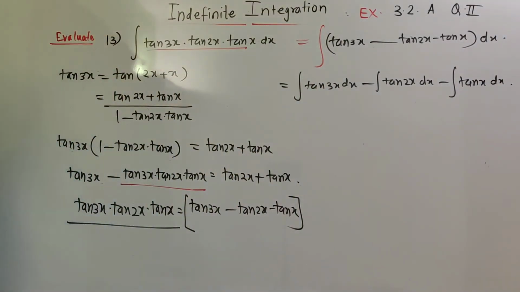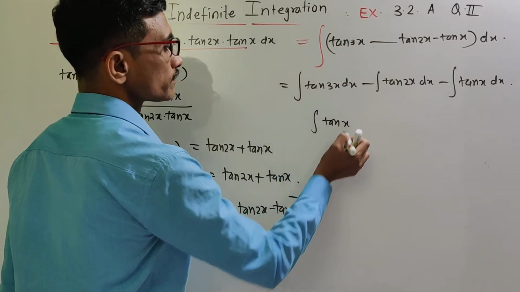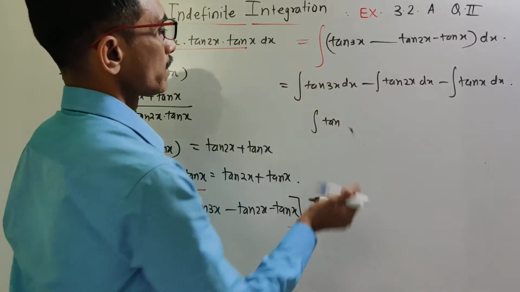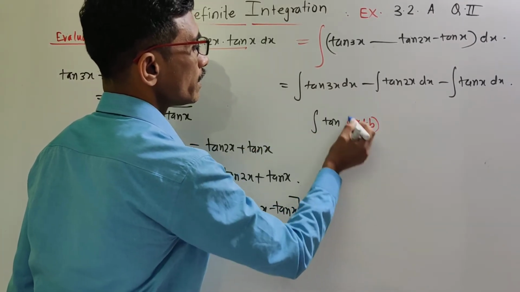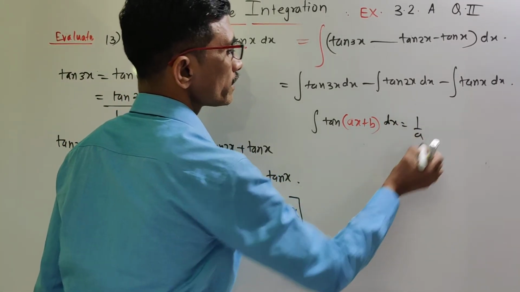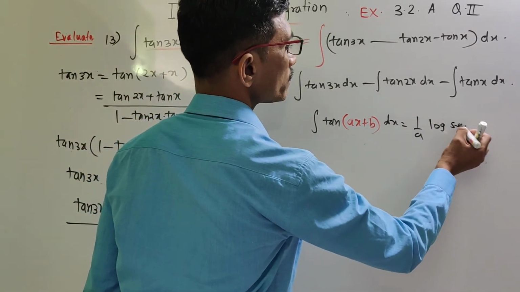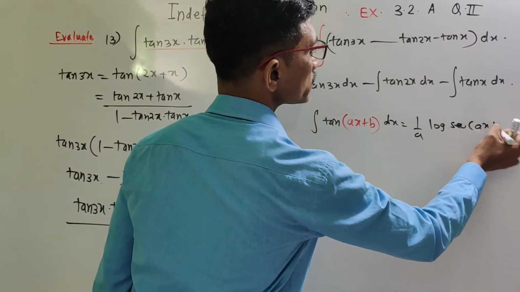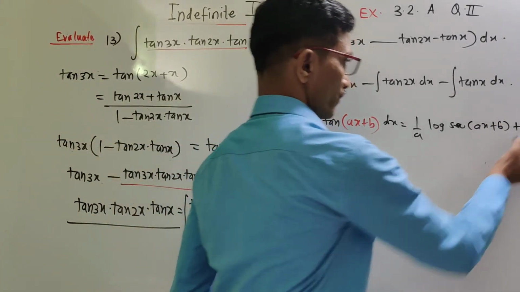And we use the formula: integral of tan(ax + b) dx is equal to 1 by a log of sec(ax + b) plus constant of integration c.